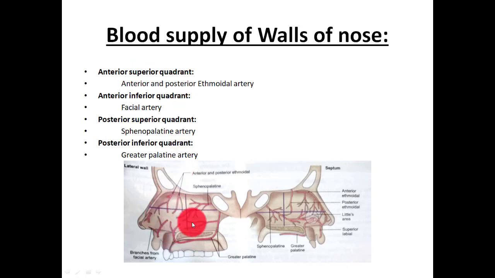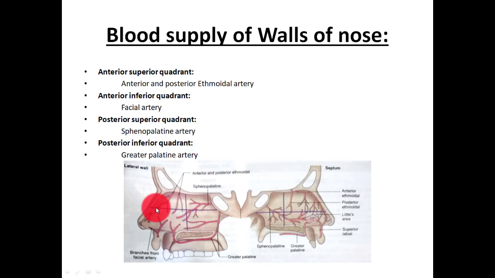You can see here we have divided these quadrants. The anterior superior quadrant is supplied by the anterior and posterior ethmoidal arteries. The anterior inferior quadrant is supplied by branches of the facial artery. The posterior superior quadrant is supplied by the sphenopalatine artery, and the posterior inferior quadrant is supplied by branches of the greater palatine artery.